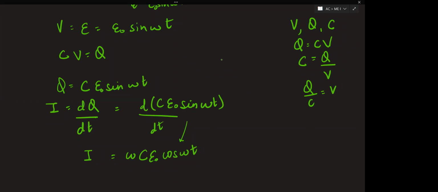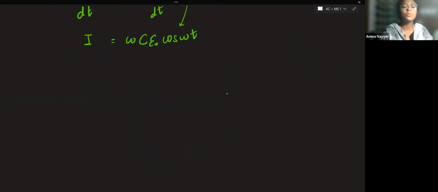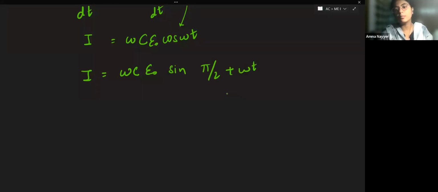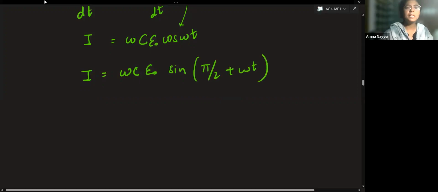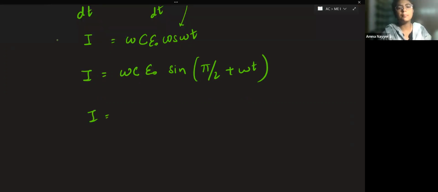Now, one more thing. This is in terms of cos. If I want to write it in terms of sine, simply by using the identity, omega C E naught becomes sine of pi by 2 plus omega t, or omega t plus 90 degrees. Even if you want, you can shift it and write it as theta plus 90.